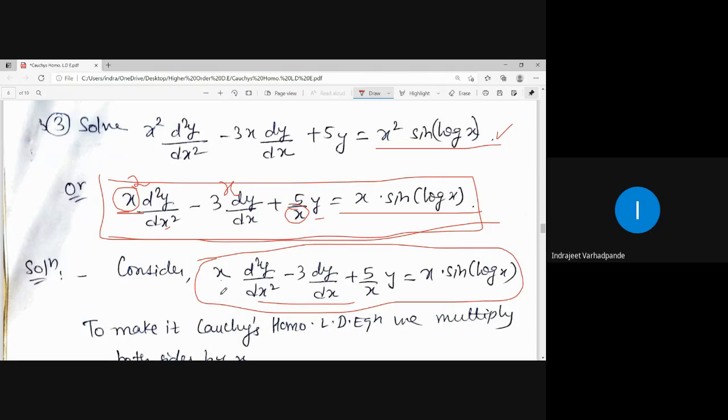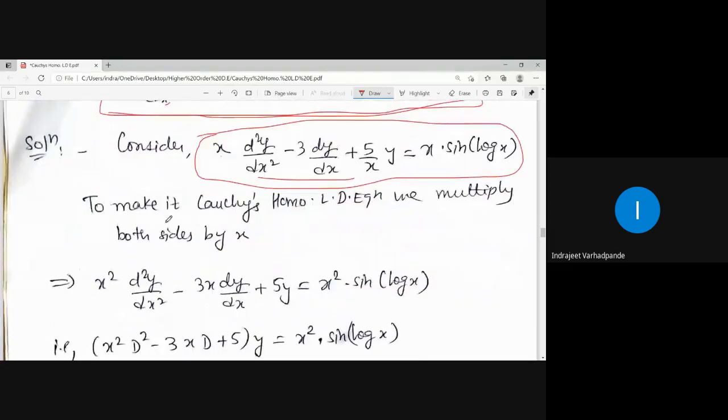If not, we multiply or divide by a suitable quantity so that it becomes homogeneous.